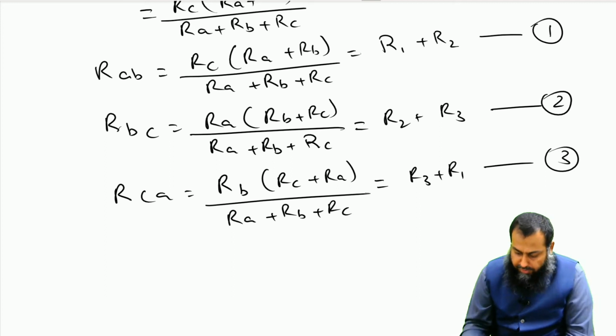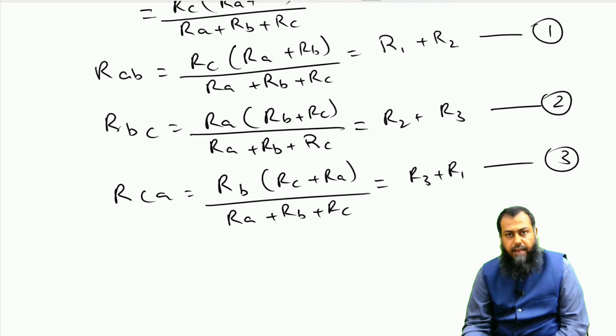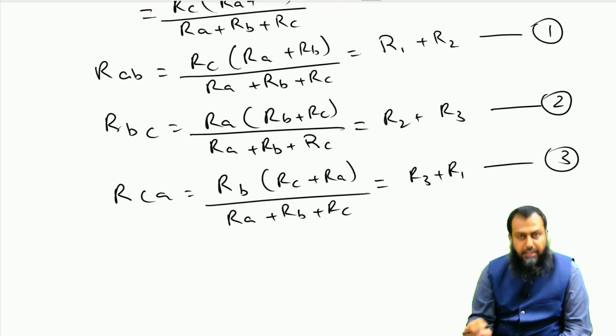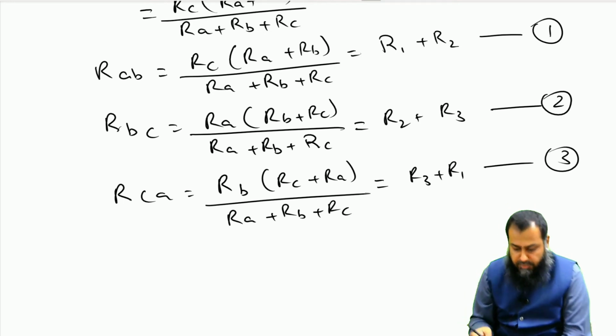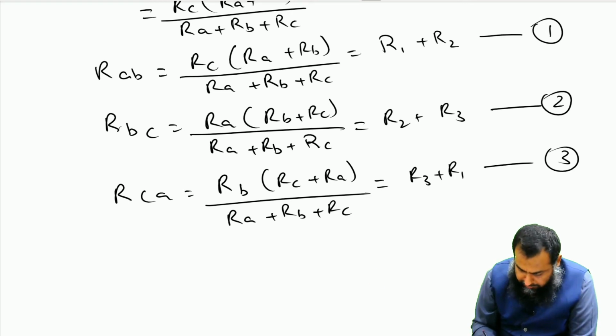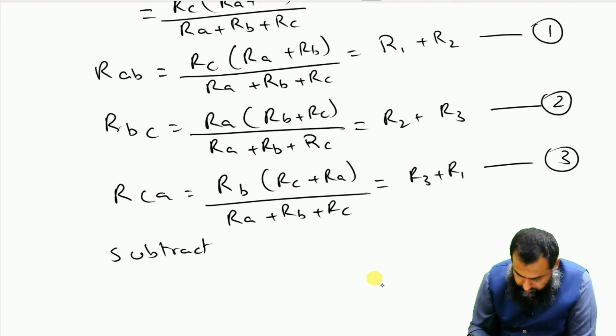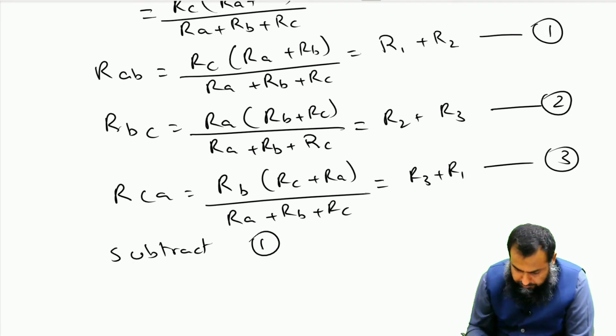Now, if I want to find out the values of the resistances R1, R2 and R3, then I have to do some mathematical manipulations here. So, first of all, let me subtract equation number 1 and equation number 3.